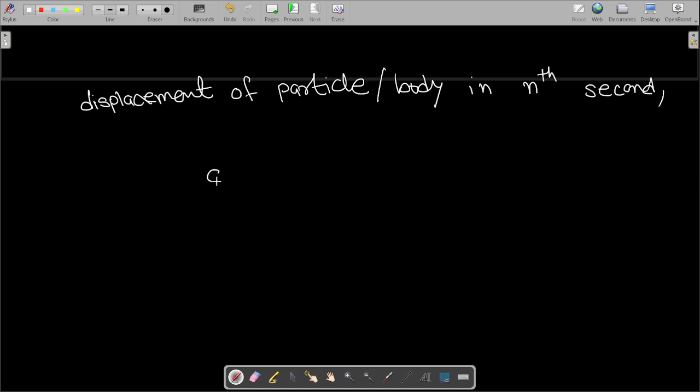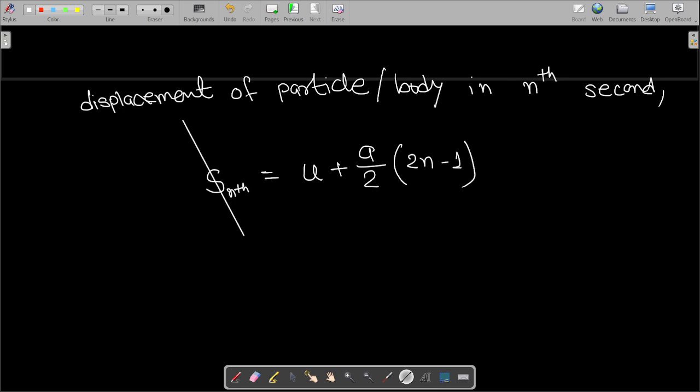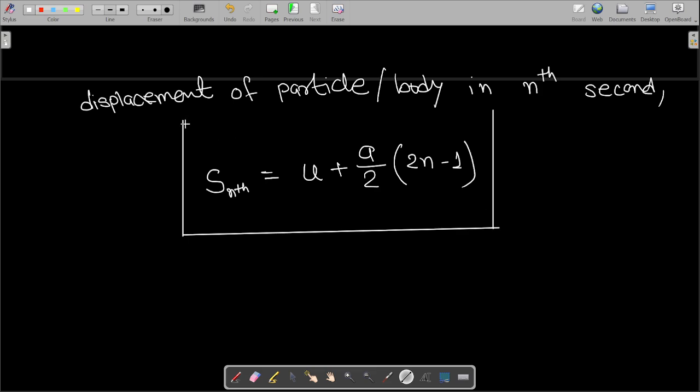The formula is just like that: S nth is equal to u plus a by 2 into 2n minus 1. This is the formula. We are going to use this if someone asks you for the displacement in any second.